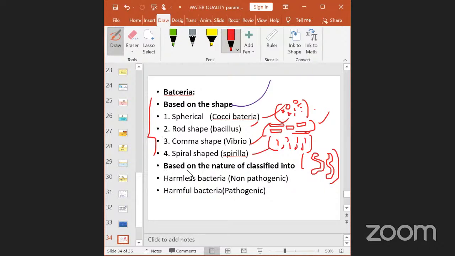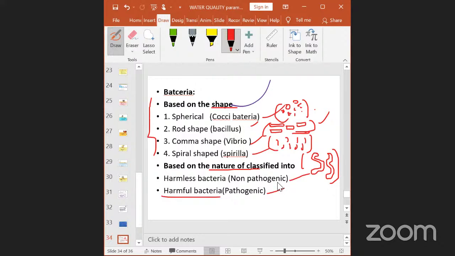Based on the nature of bacteria, it is divided into 2 types. Harmless bacteria are called non-pathogenic, and harmful bacteria are called pathogenic bacteria.